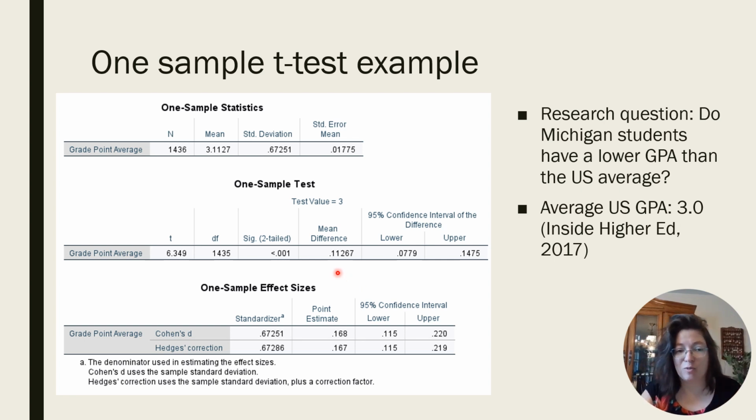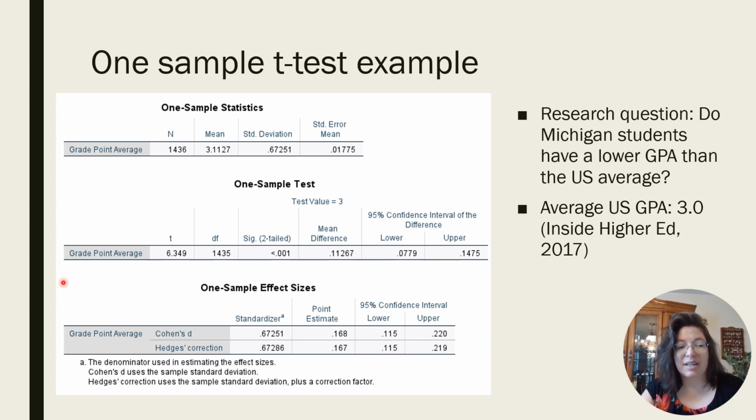So on average, Michigan students have a GPA that is 0.11 higher than the general student population. And we're 95% sure that the true value lies somewhere between 0.08 and 0.15. So this is that 95% confidence interval.